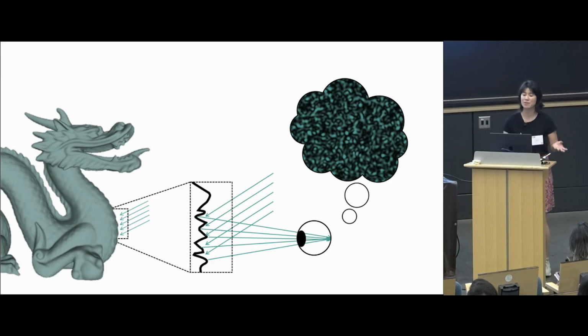And by chance, some of these light rays are going to constructively interfere, creating bright spots. But by chance, there's going to be different path length differences, and just small distances away, you're going to get destructive interference that creates the dark spots. The result is this very characteristic grainy pattern that we call speckle.